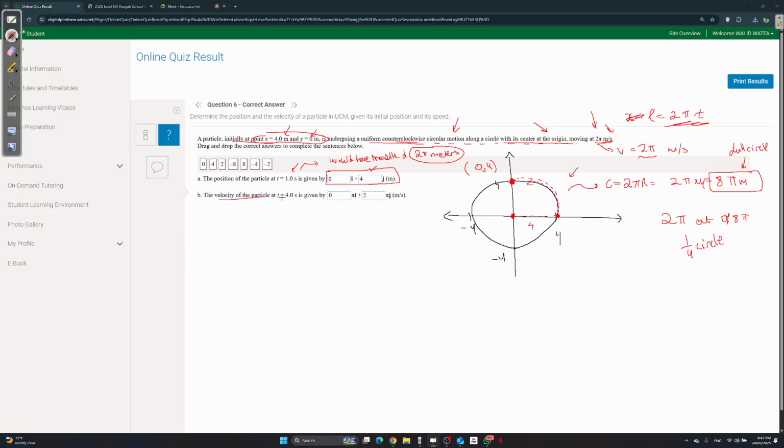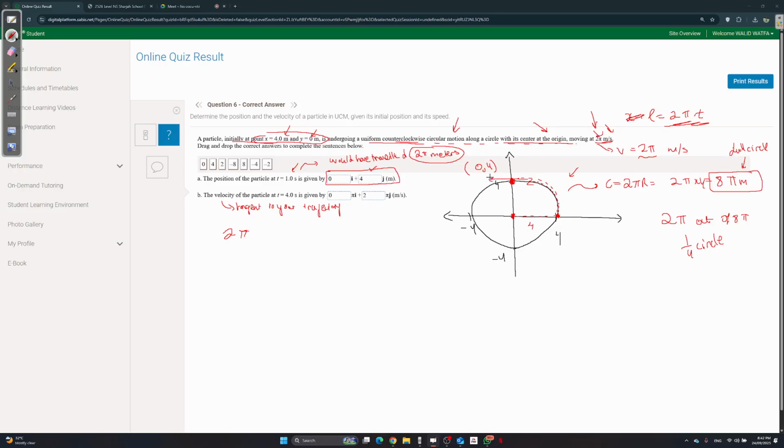Okay, the velocity of the particle at t equals 4 seconds. You need to know that in a circular motion, velocity is tangent to your trajectory. So obviously the velocity is going to be 2 pi, but 2 pi is the magnitude of the velocity. How do I know what to put in the i, in the j? If we were here, what would the tangent look like?